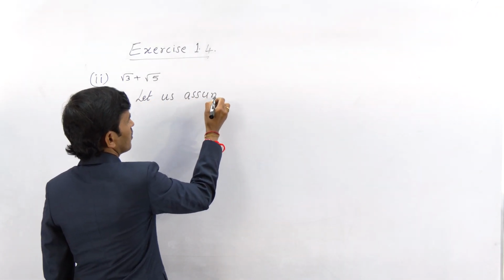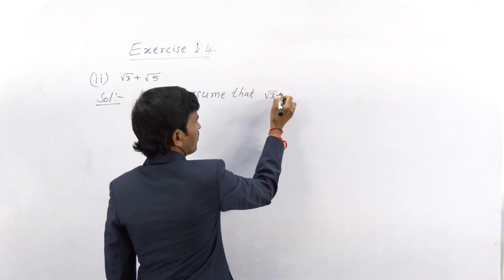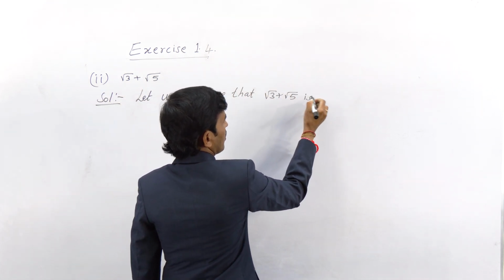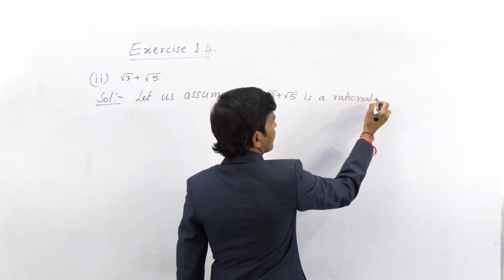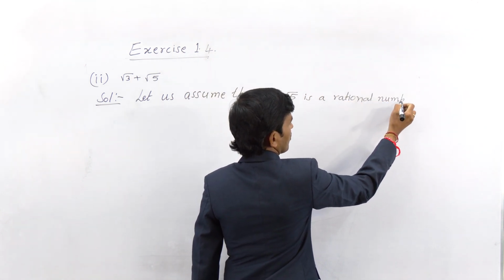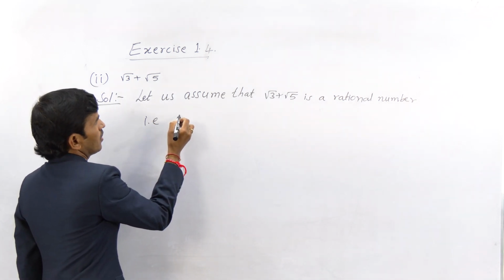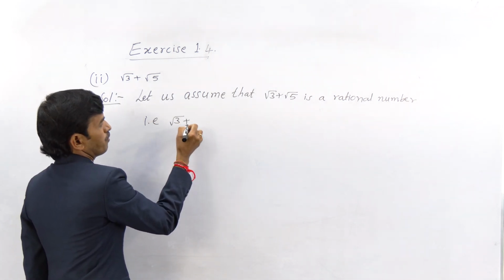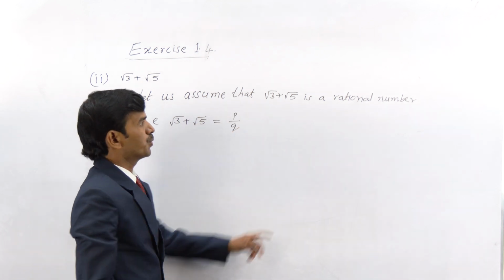Let us assume that root 3 plus root 5 is a rational number. That is, root 3 plus root 5 is equal to p by q.